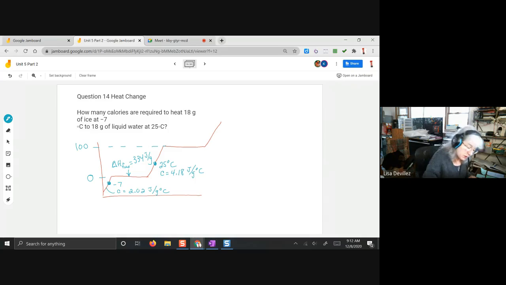And then you would use that 1 calorie is equal to 4.18 joules to convert your final answer into calories, because it's asking for calories. So you would just have 3 calculations to do on that one.